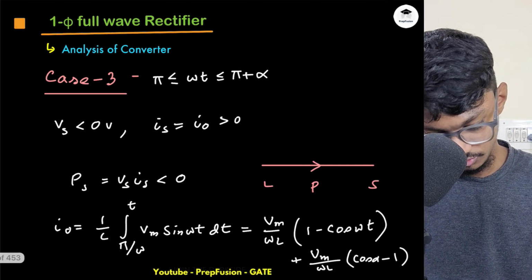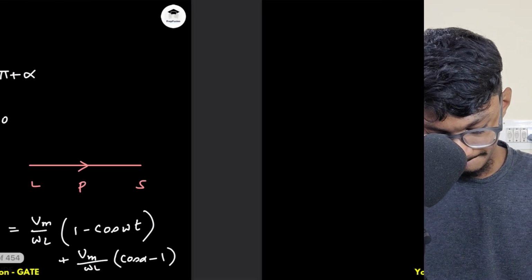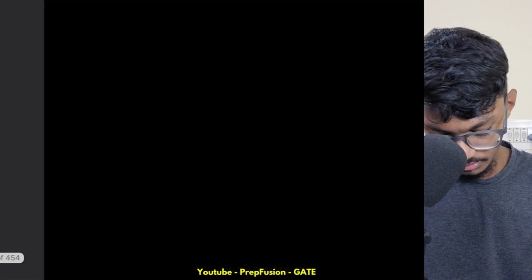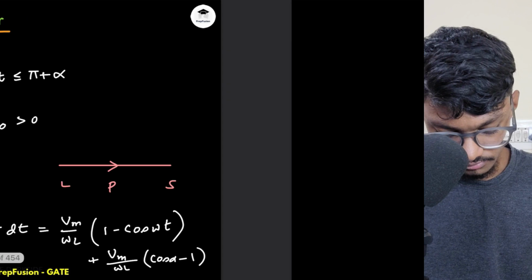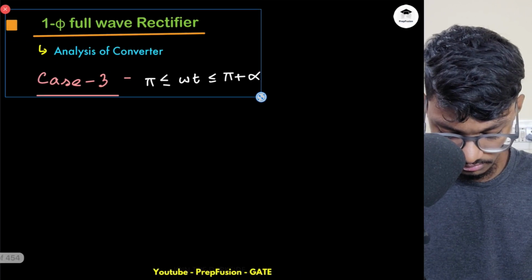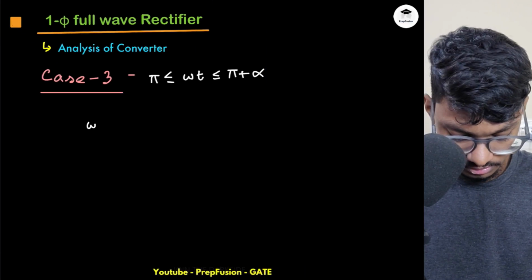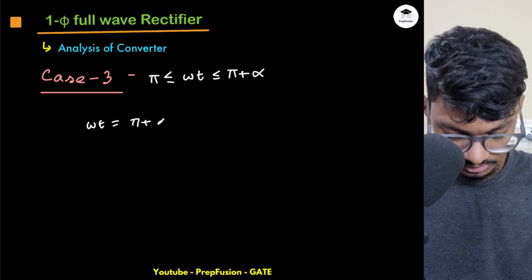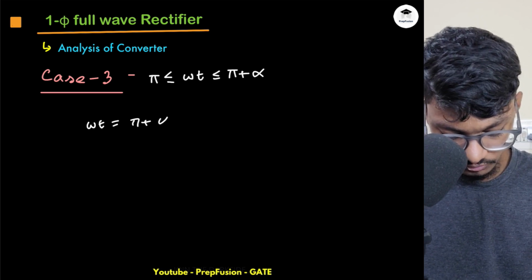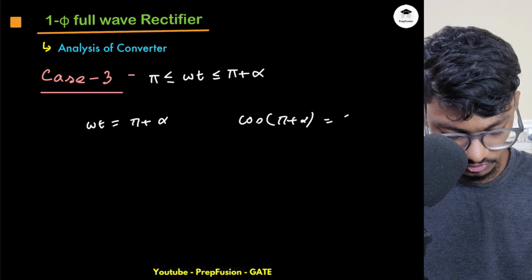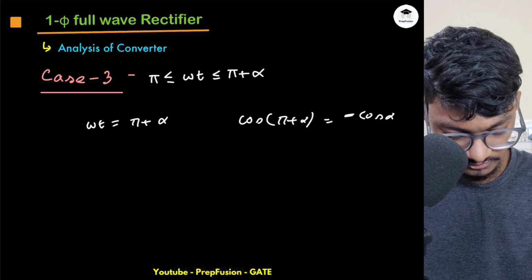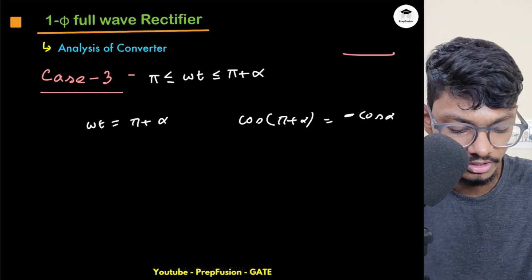So I will just do one thing. Copy this. Omega t equals to pi plus alpha. One thing we know is that cos of pi plus alpha is minus cos alpha. You can understand this from trigonometry, or if you tend to forget, you can write cos theta here.